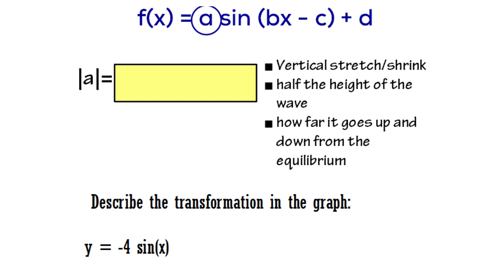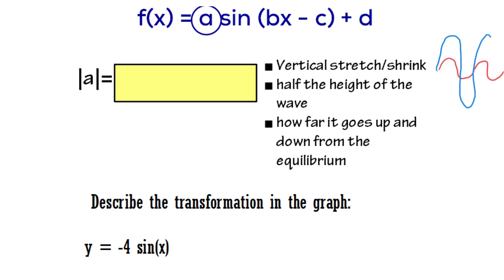The other thing to consider is that if that a value is going to stretch your graph, it's going to stretch it both directions. So if my normal graph looks like this, and I'm going to stretch it, let's say it is a 3 value, 3 for that a value, it's going to stretch 3 times what it used to be.